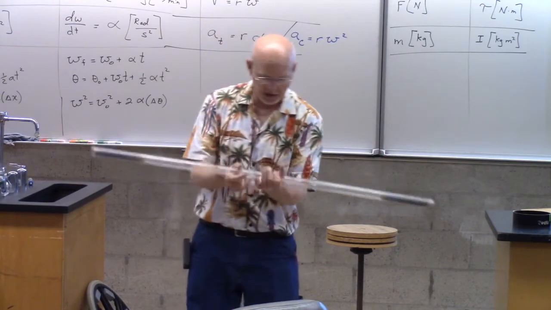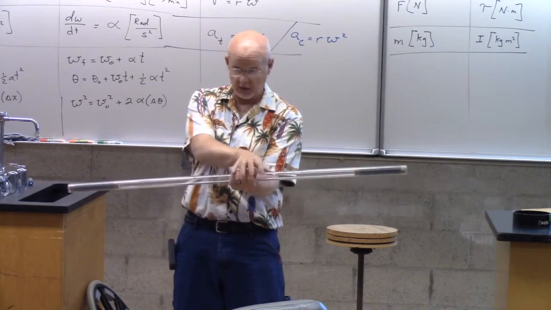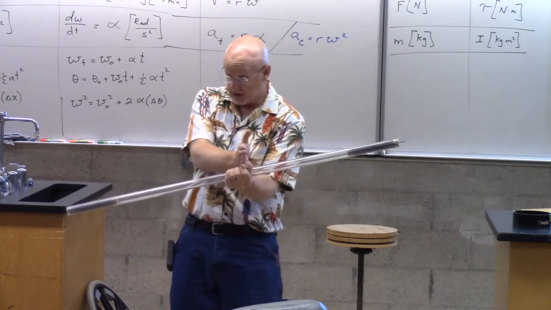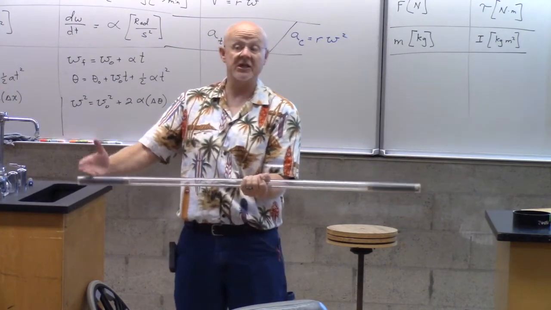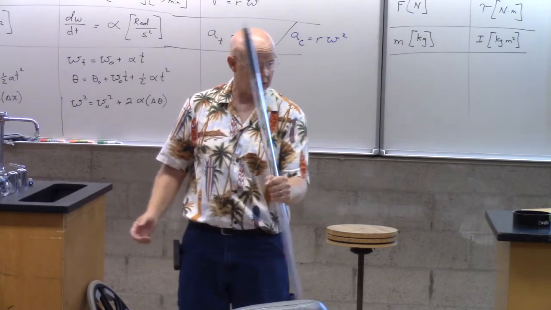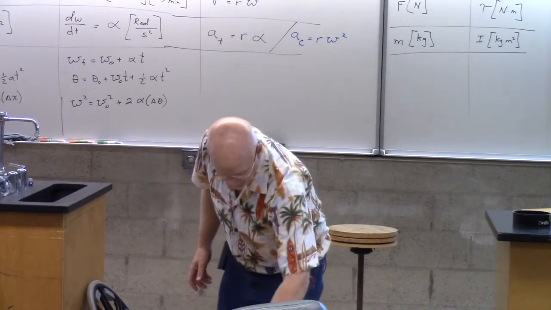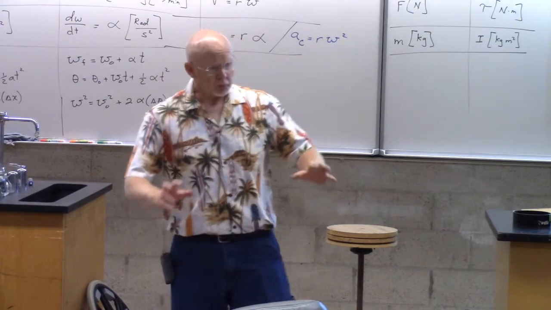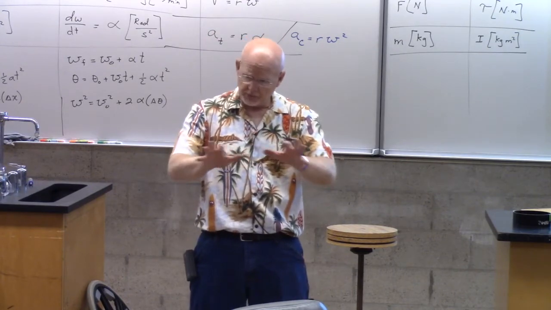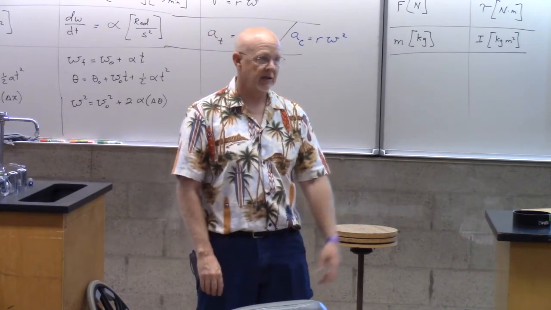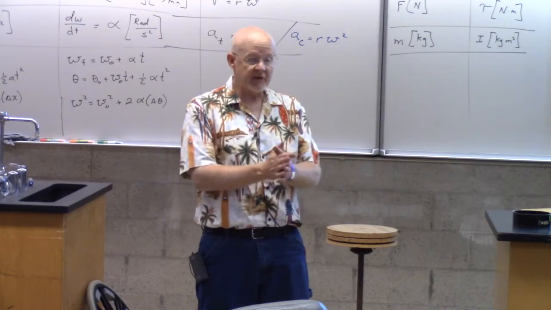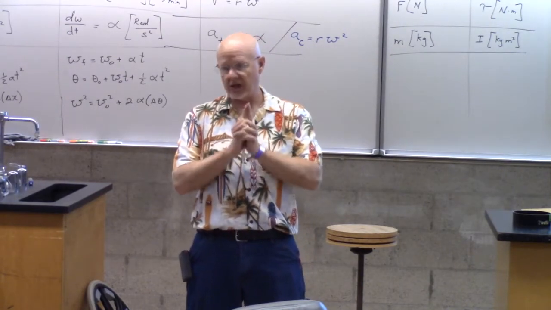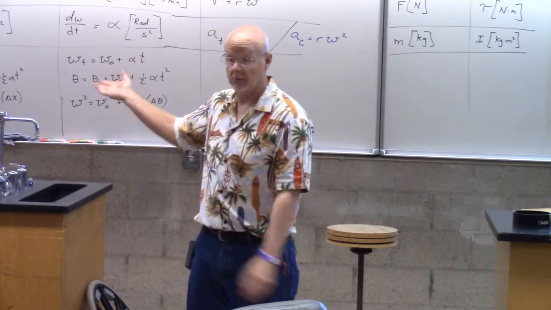And then back to your question, don't confuse: the torque is coming from the force of my hand, so it's this distance. But the moment of inertia is this distance, where the mass actually is. And so what we refer to as the distribution of the mass comes into play. If there's anything that is the hardest part of rotation, it's right here.